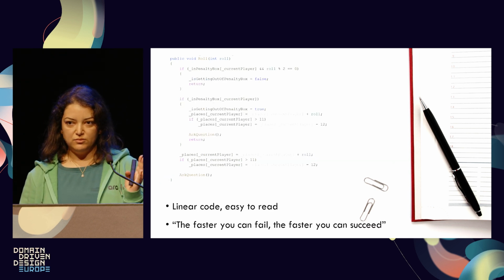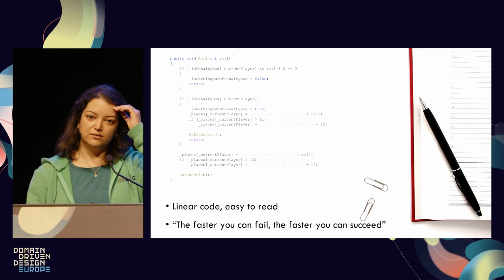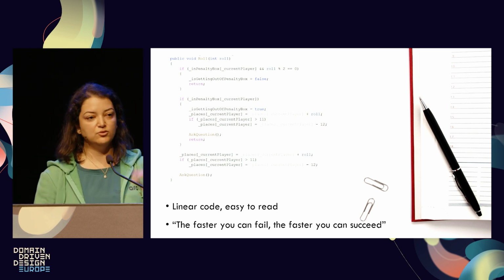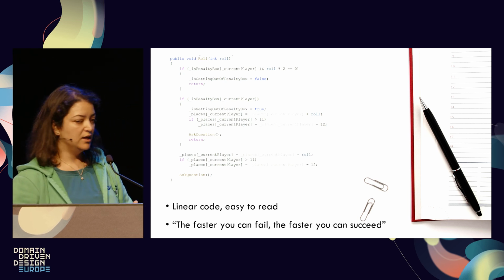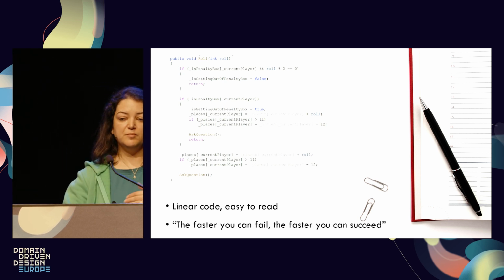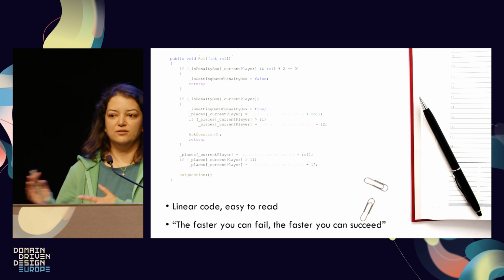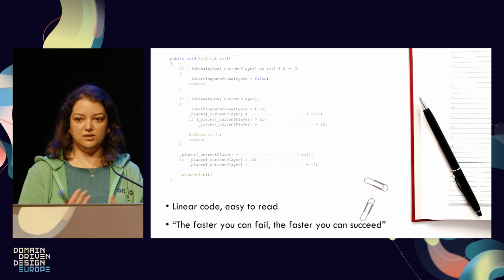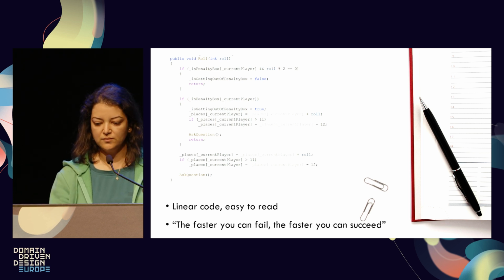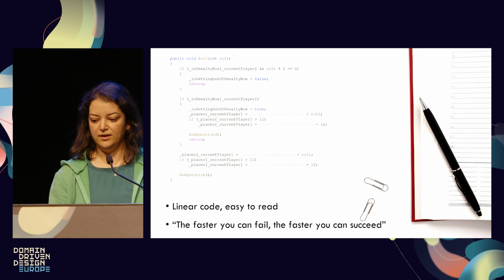So removing the else keyword means that you return early, and the code becomes more linear and easier to read. And keep in mind that the faster you can fail, so you can return outside of the method, the faster you can succeed. And the code becomes more readable and maintainable.